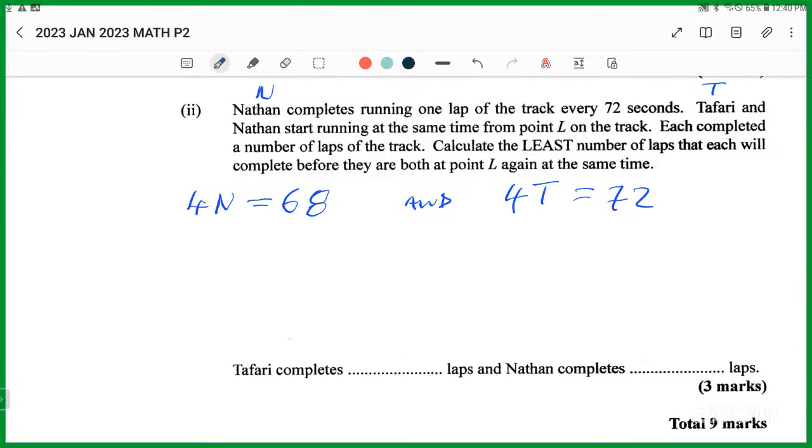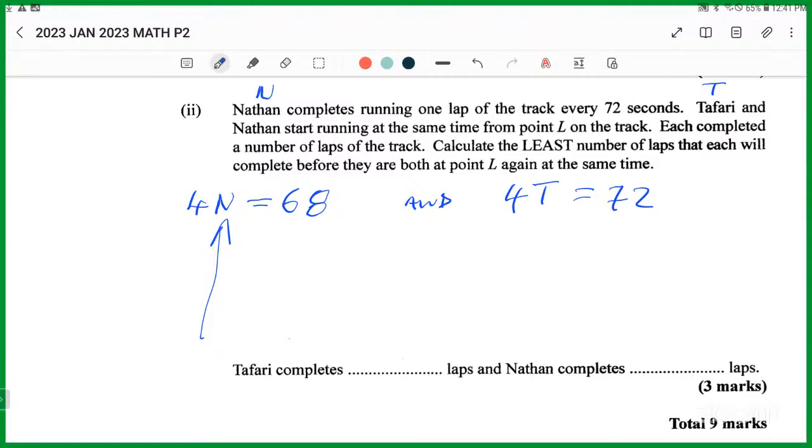So remember, every lap there is a 4 second difference. So when they catch up again is when the 4 seconds times the number of laps done by Nathan becomes equal to the total time that Tafara takes to complete a lap. That's when they will meet again, because there's 4 seconds between them on each lap. I understand that calculation is the reason there. They will meet again when each of the 4 seconds on Nathan's lap adds up to the total time that Tafara takes to complete a lap.